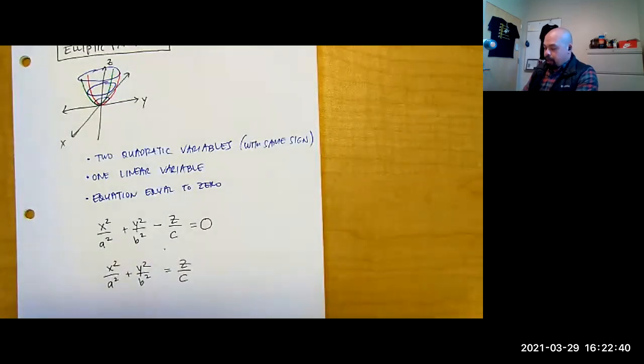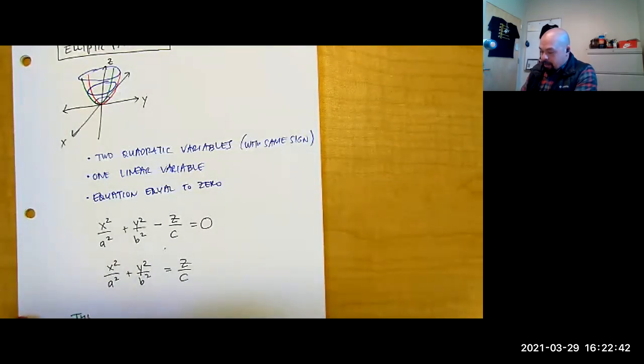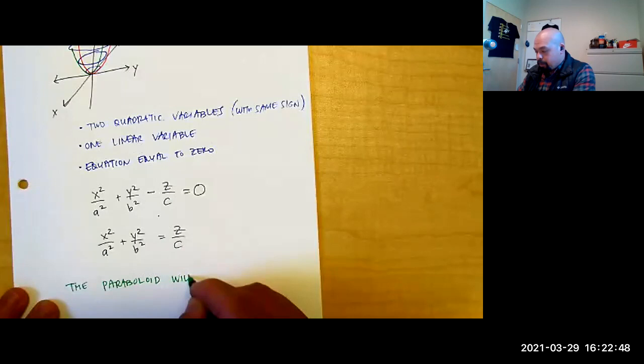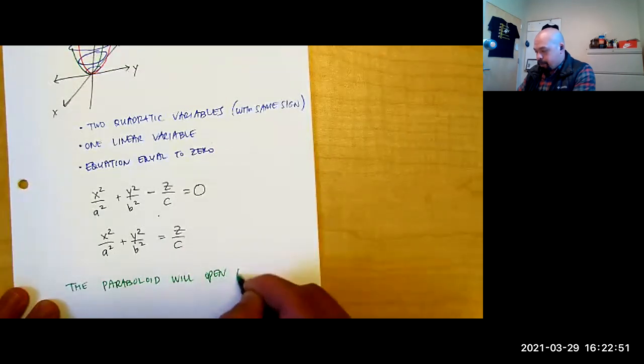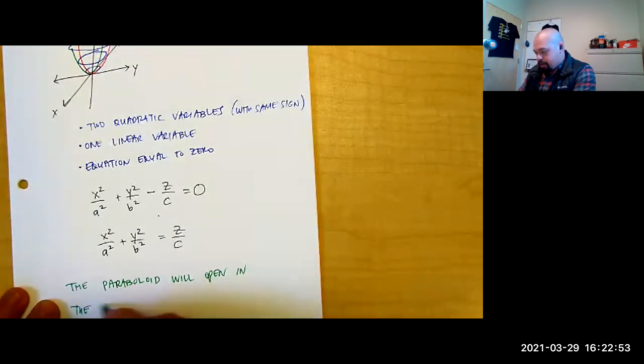And again, here, that paraboloid will open in the direction of the linear variable.